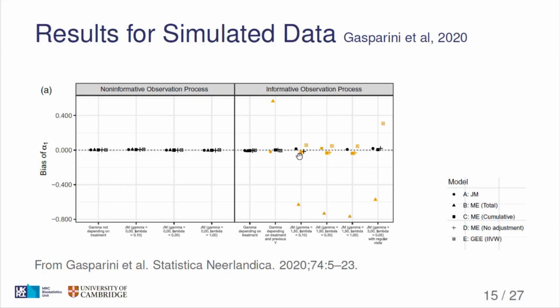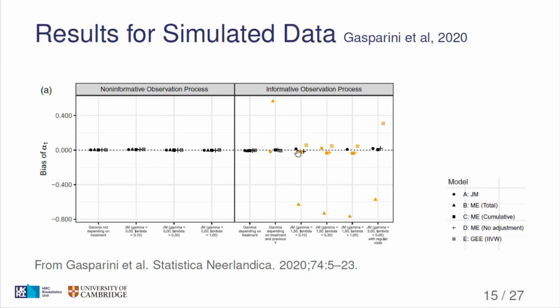And what this is showing us is that you can see the triangles are all pretty way off. That's the fitted model when you're adjusting for the total number of visits. So there's a substantial amount of bias incurred for those models.